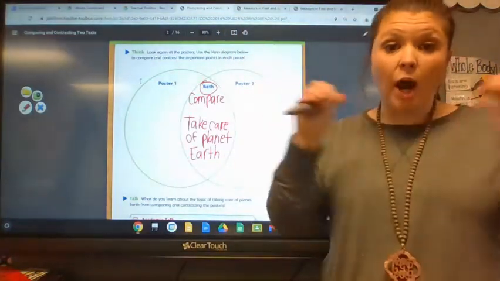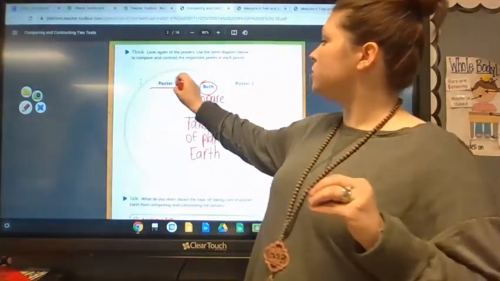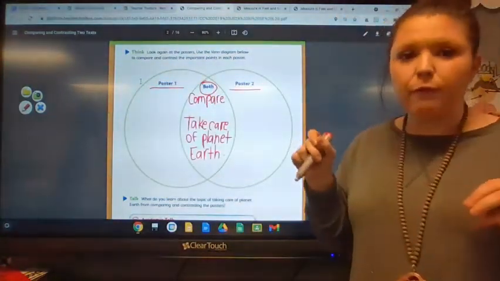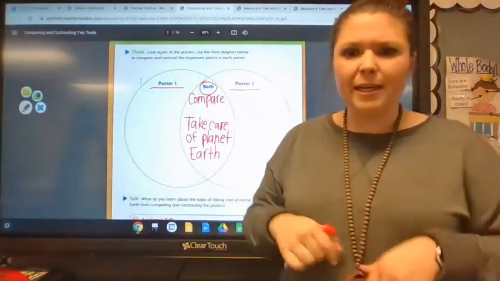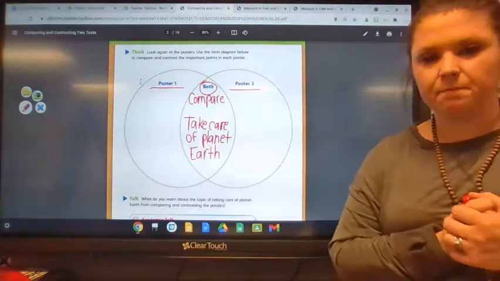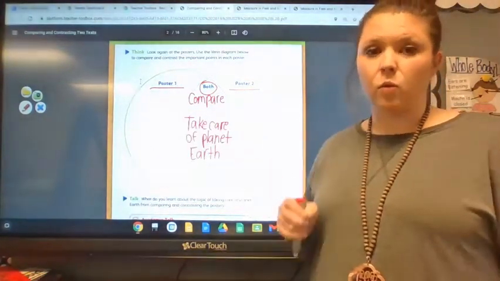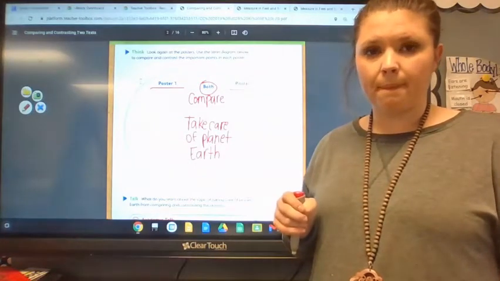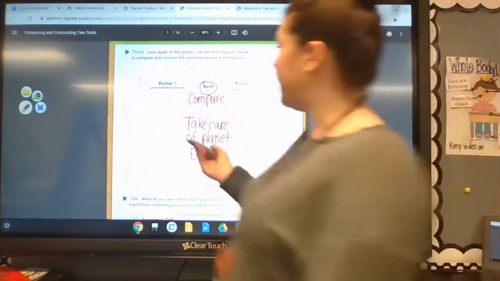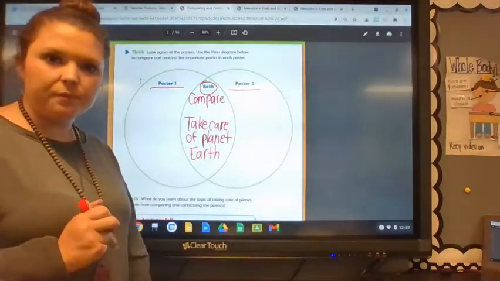Now, let's contrast and tell how they're different. So how is poster 1 different from poster 2? Go ahead and discuss that. All right, what is the illustration in poster 1? They're planting a tree. Did they plant a tree in poster 2?